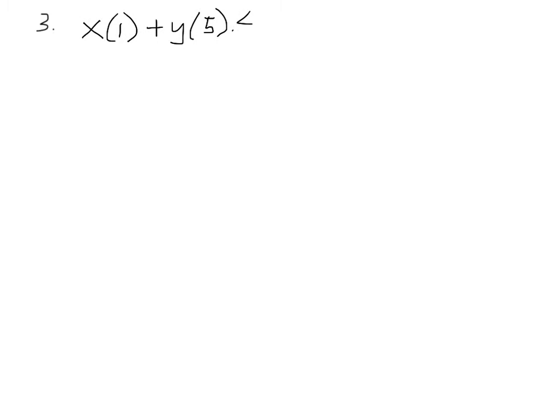This must be less than 45. The only other equations you'd want to think about would be X is greater than or equal to 0, and Y is also greater than or equal to 0 because they stand for the number of items.